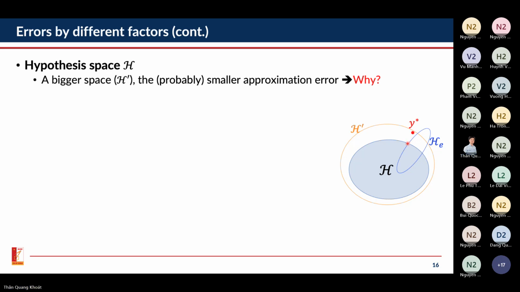It represents the approximation error. But when we use another bigger family that contains this one, then this family is bigger and contains the small family.